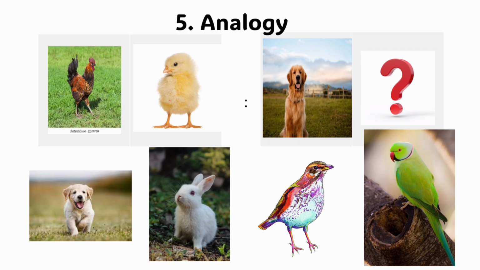A chick is born from a cock, so what will be born from a dog? That is a puppy, right? Yes, the correct answer is puppy. Here it is a rabbit, not the answer. This is a bird, that's not an answer. This is a parrot, this is also not an answer. So what is the answer here? The puppy will be born from a dog.